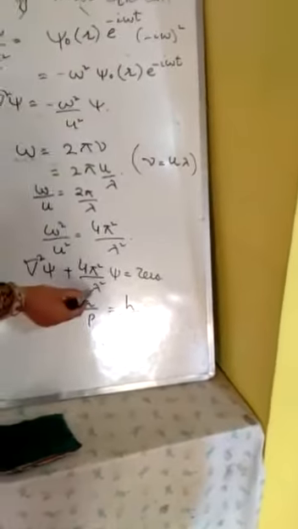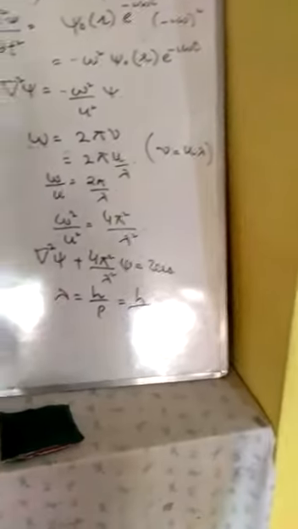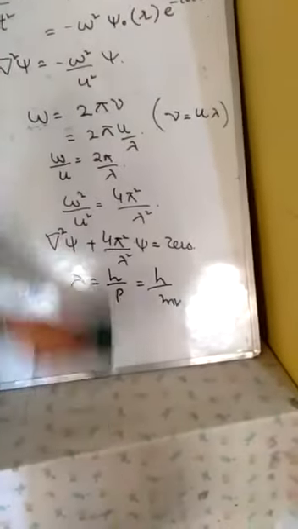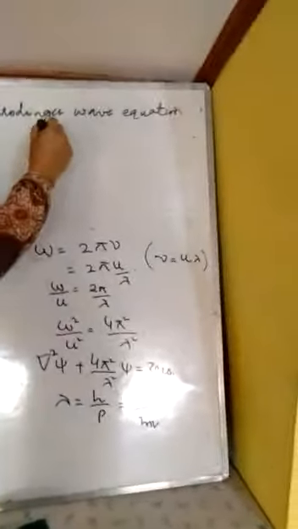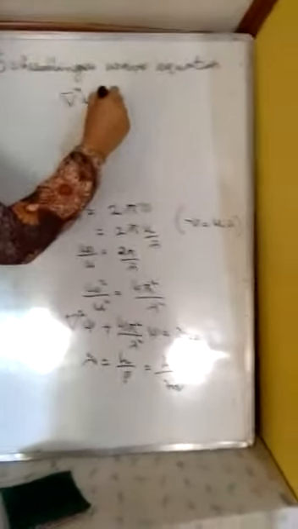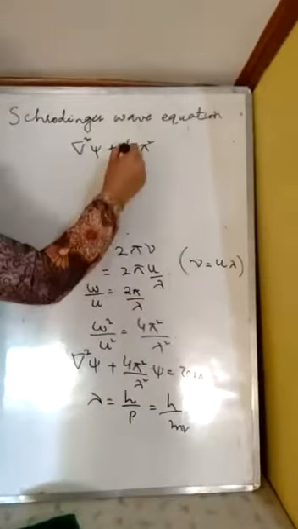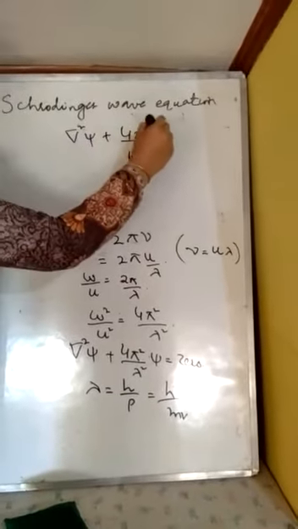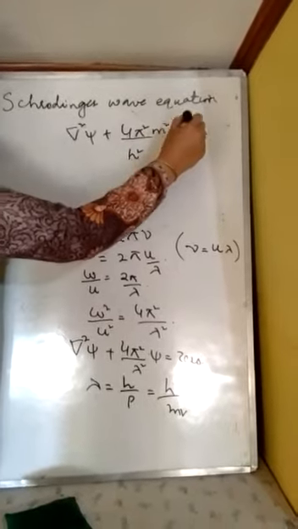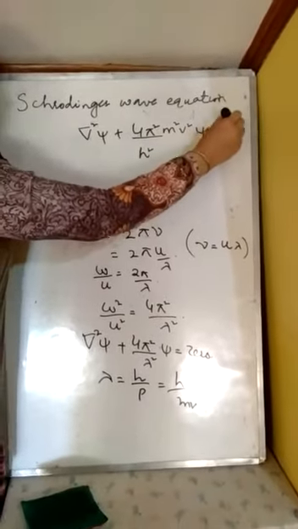So for this lambda, we can substitute h square by m square v square. So let's do that. That is del square psi plus 4 pi square, for this lambda square, I can choose to write h square by m square v square, psi equal to 0.